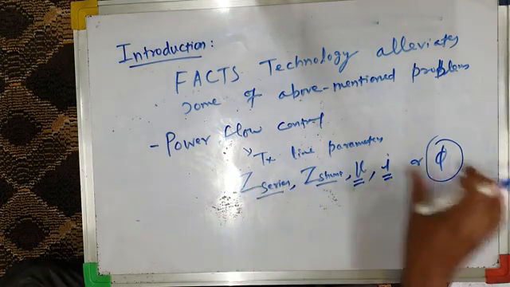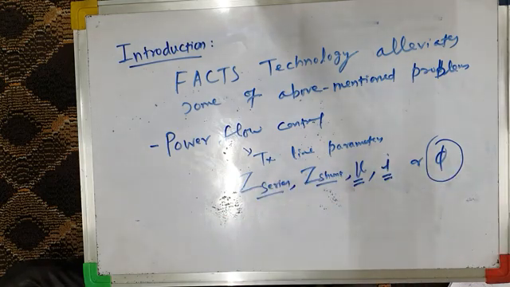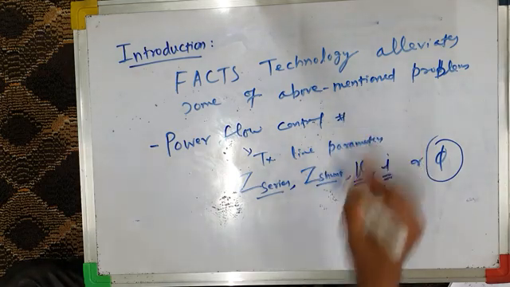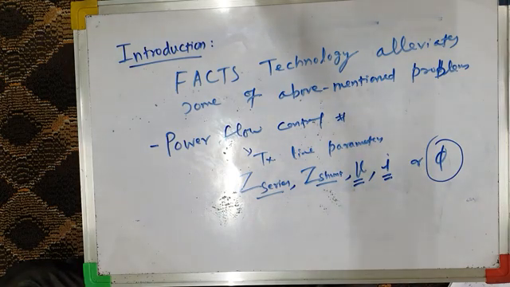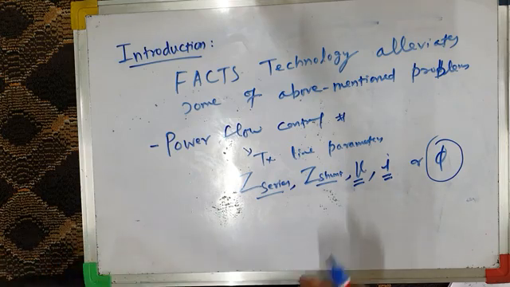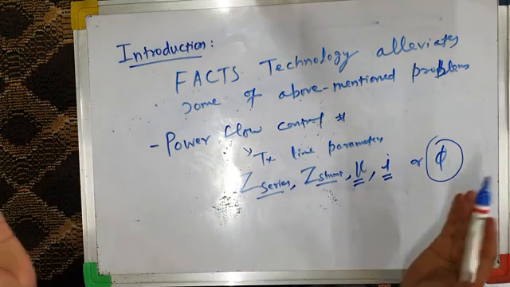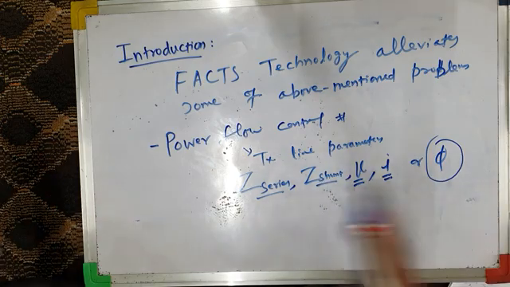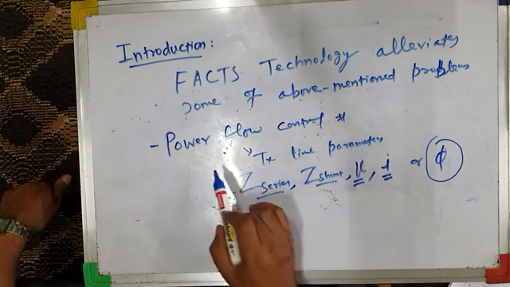By controlling these parameters of the transmission system, we will be able to control the power flow over various transmission lines, and hence the problem that there will be large power flow without adequate control will be altogether solved. There will not be power flow without control.